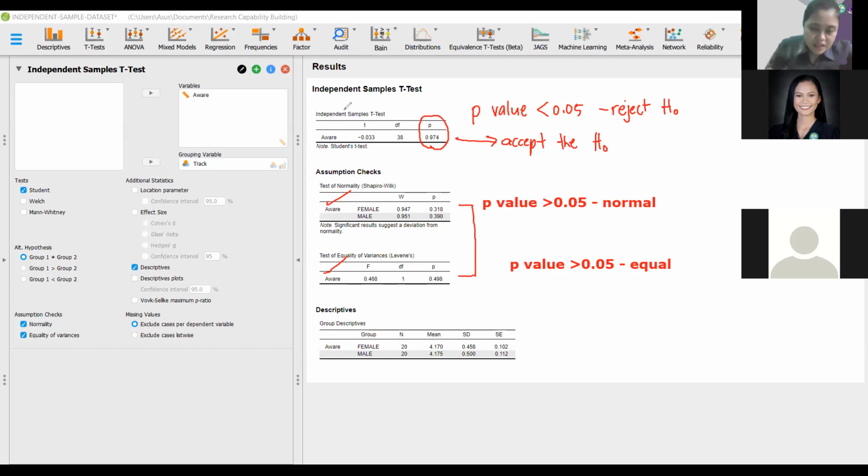Ang hypothesis kasi natin dito, nakalimutan ko pala yung hypothesis. Diba we are differentiating the two?